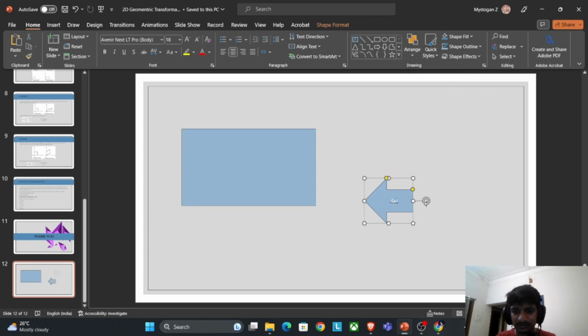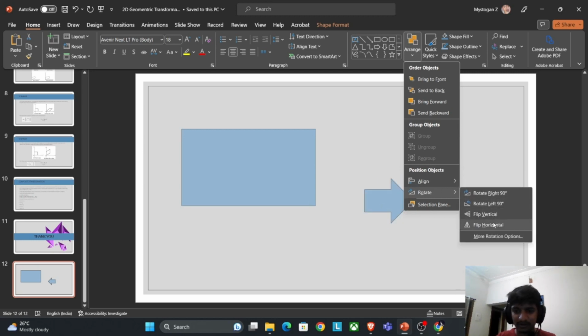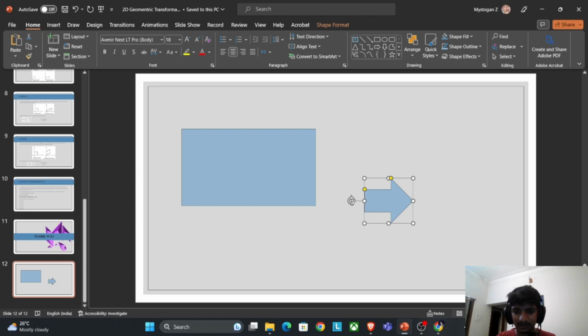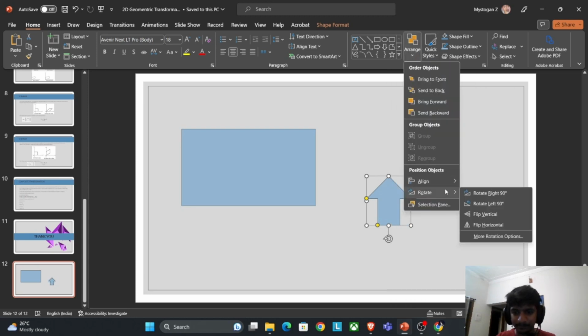Now let's select this. If I flip horizontally, this is reflection to the x-axis. As you can see here, it's flipped. And now this is rotation. So let's rotate 90 degrees. And now I'll show you flip vertical. And this is reflection about the x-axis.